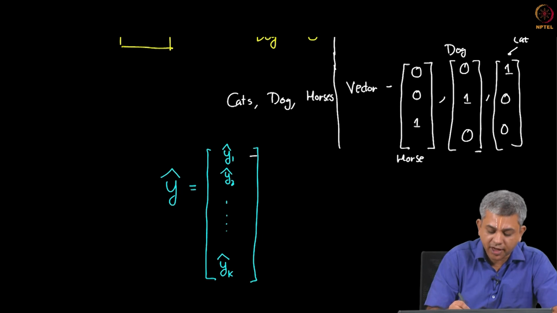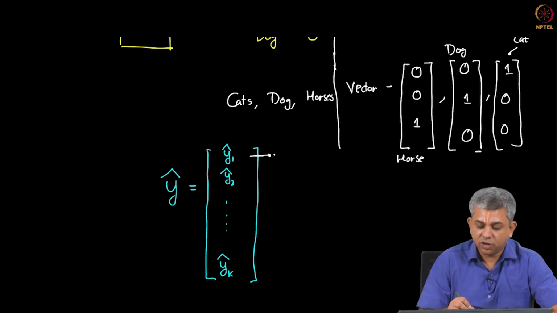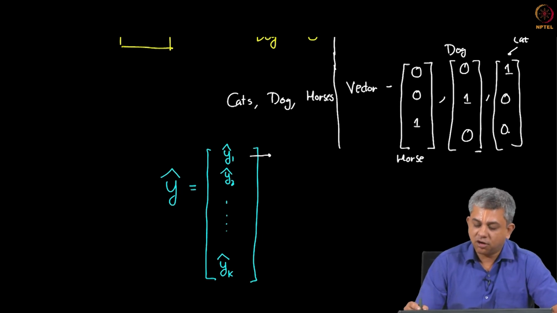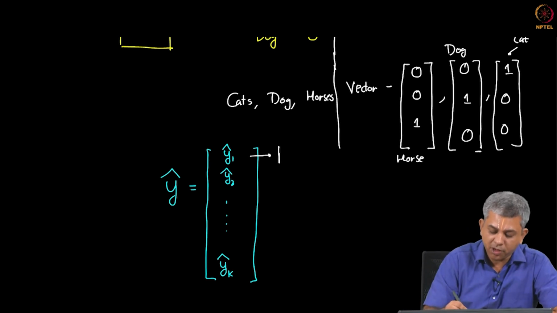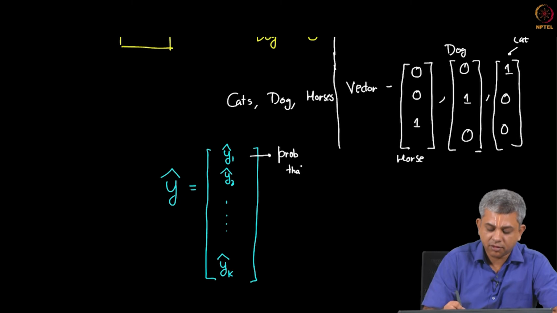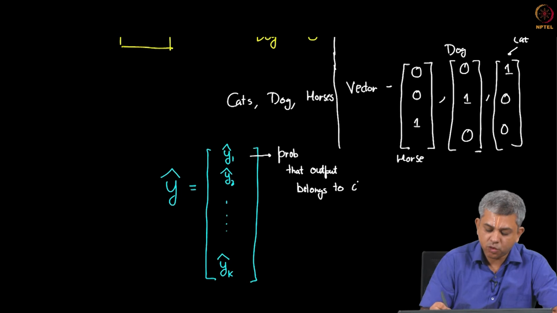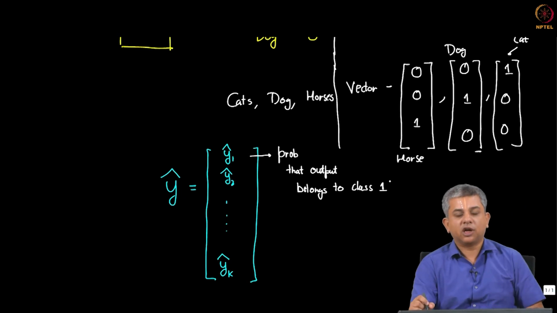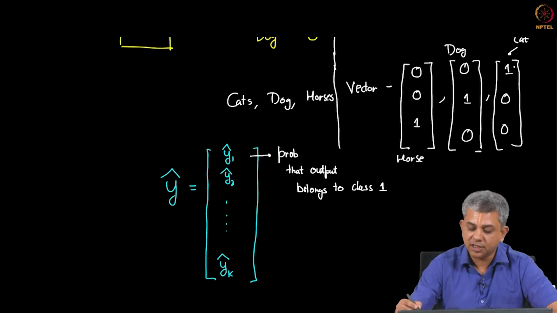Let us think about this carefully. In my cats, dogs, horses example, this is the probability that my output belongs to class 1.